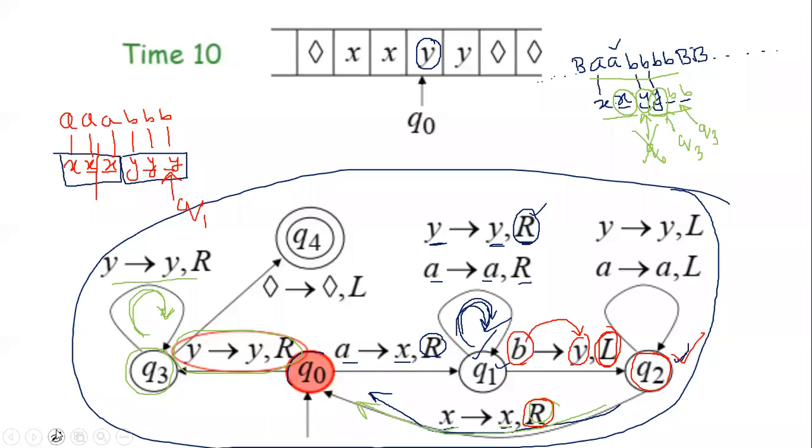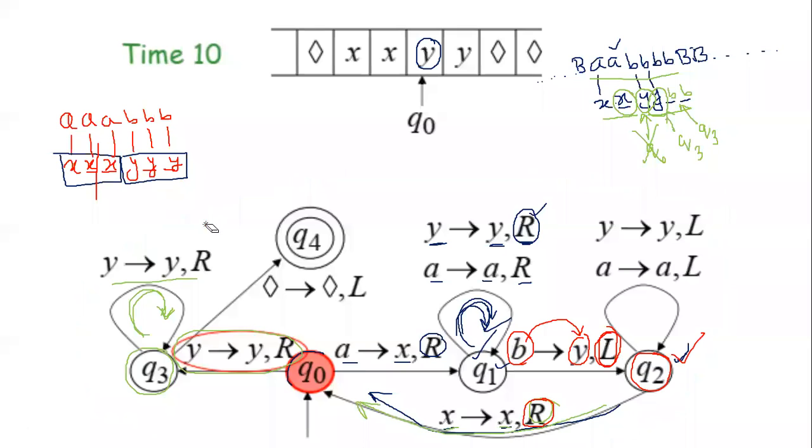Right? And if you are in Q2 and you get Y, you will do the same thing. Just go left. So for this case also, you are in Q2.